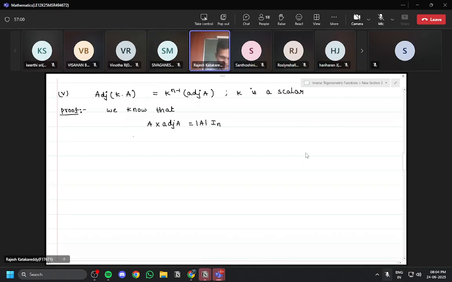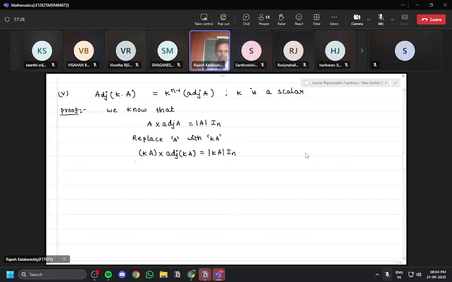Now, in this, let us replace matrix A with K into A. If we do that, we have K into matrix A into adjoint of KA is equal to determinant of KA into identity matrix.